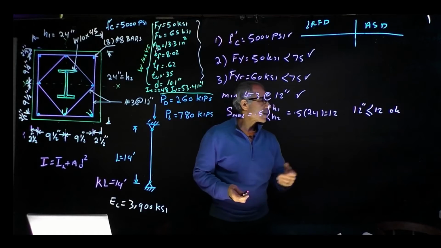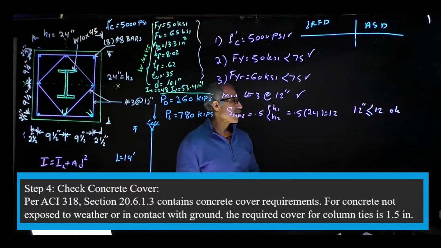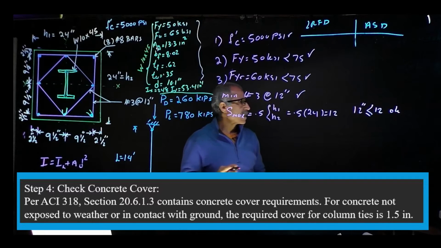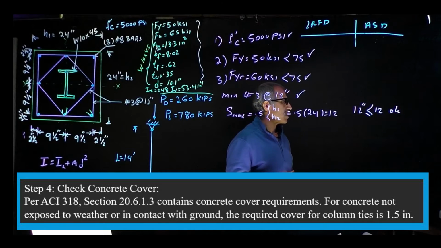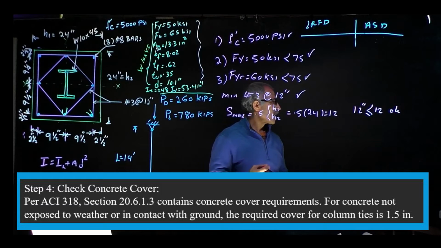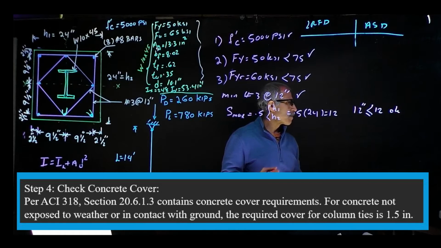So now the next spec we're going to check out is the concrete cover. ACI 318, section 20.6.1.3 contains the concrete cover requirement, which basically says it has to be a minimum of 1.5 inches.